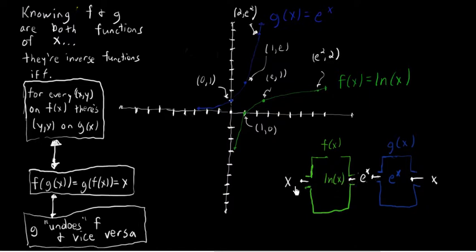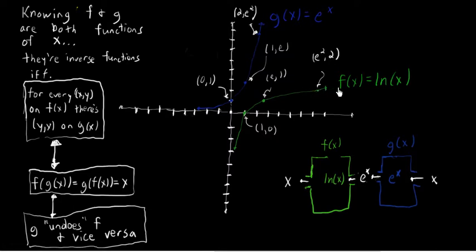But remember, this new value of y is equivalent to the old x that you inputted into g. And the value of x that you inputted into f is equivalent to the y output from g. So here, for every (x, y) on g of x, there's going to be a (y, x) on f of x.